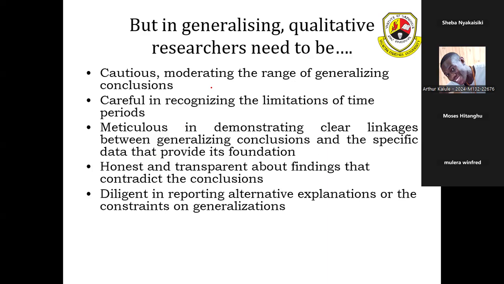Now, with qualitative research, one of the key things is that when we talk about generalizing, we need to be very cautious and do it in moderation. One key point, whatever finding you get, as you're reporting back, use statements like, this probably means. That's the language you should use. Recognize the limitations of the time periods you're researching.